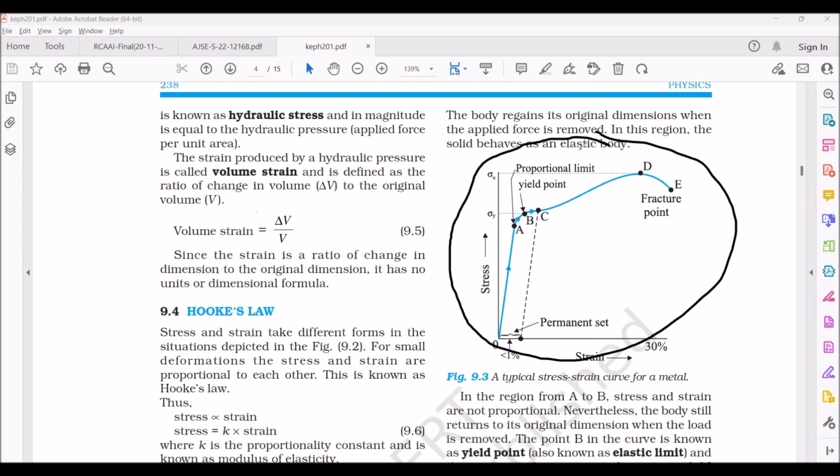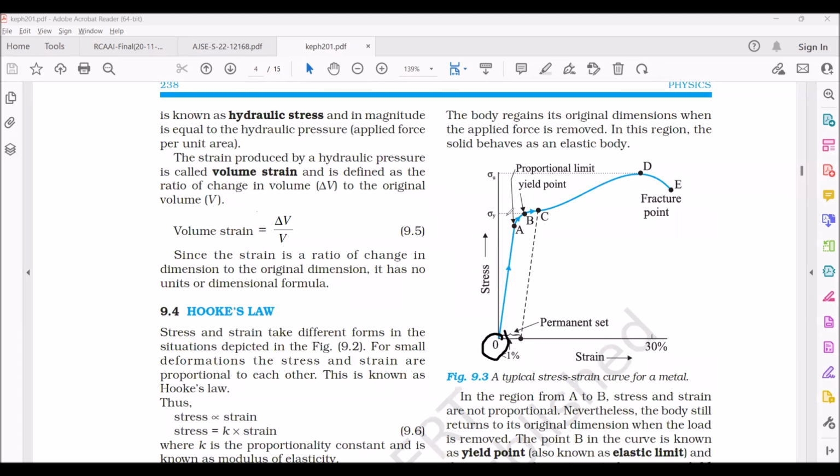In this curve you can observe from a point O to A, when we are increasing the stress, the strain is also increasing linearly. So this straight line is like y equals mx. If x is strain, then y is stress.